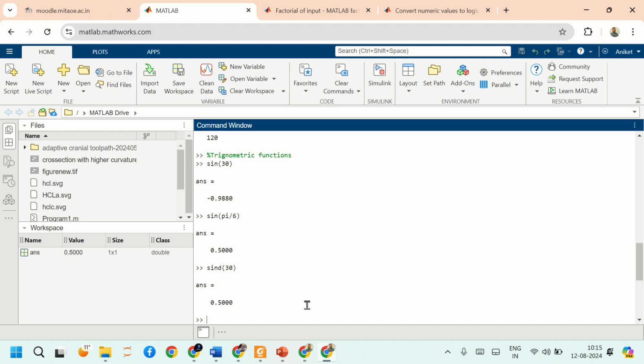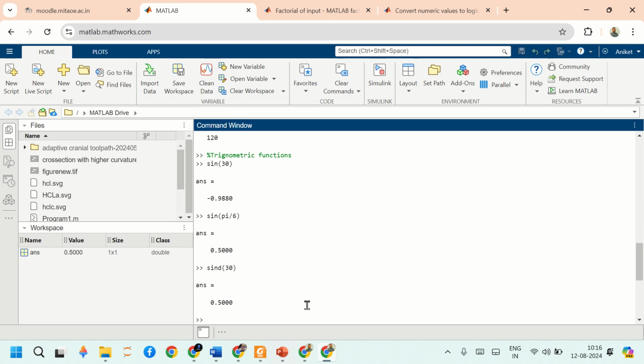If you are using the plain function, you have to write the values in radians, that is sine of pi by 6, that is sine 30. Or if you have angles in degrees, then you have to use sind. It will similarly work with cosd, tand, cotd.